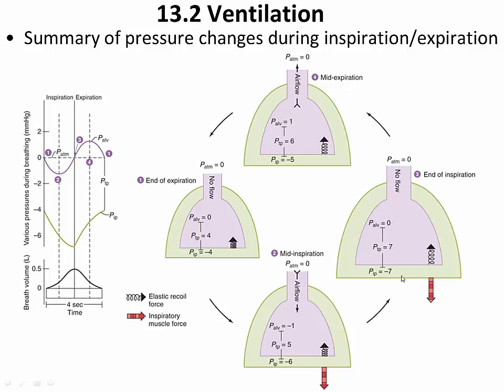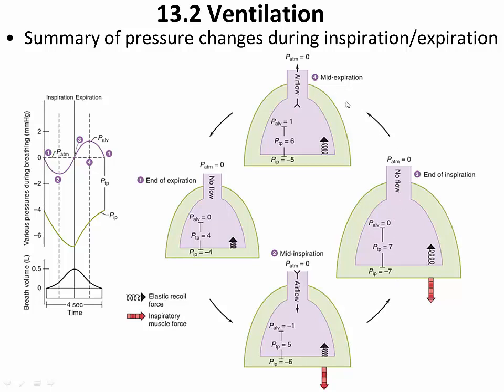So we have the lowest intrapleural pressure that we'll see because the lungs are fully expanded. We have an alveolar pressure of 0, which means our transpulmonary pressure has peaked. It's as high as it will get anywhere in this process. It's 7 at this point.